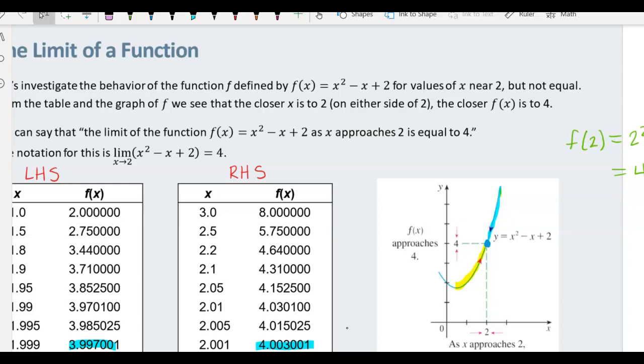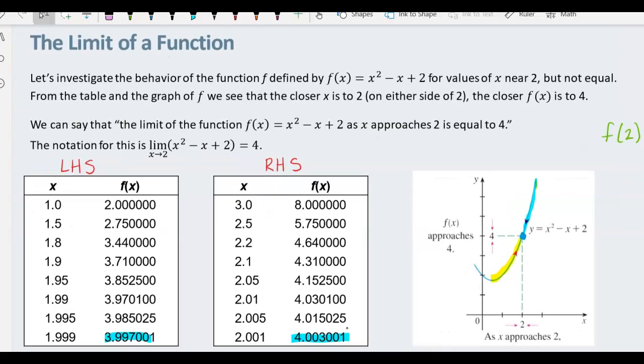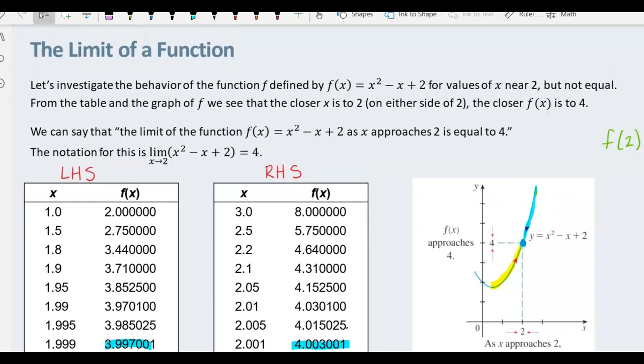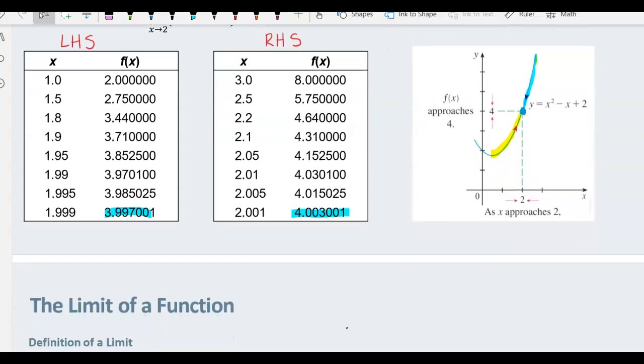That's not always the case, though, because in examples we'll see later, we might have a limit where the function isn't defined at the particular point in question. The main thing to take away from this slide is that we're going to start thinking about how limits work, looking at approaching from 2 sides, the left and the right, simultaneously.